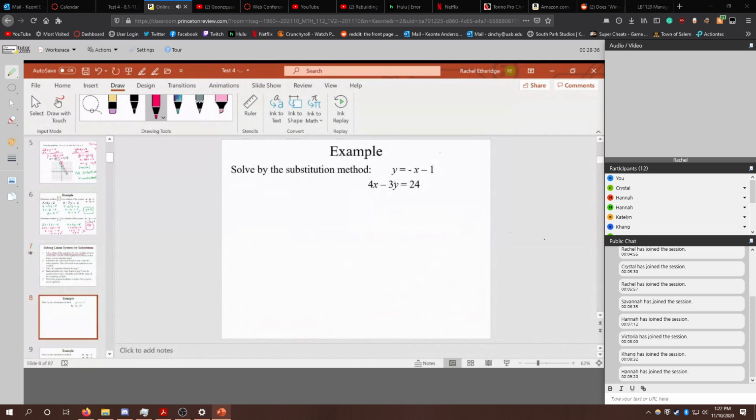Okay, so step one says solve the equation for one of the variables. Well, in this case, this one already has y solved for, so we can skip step one. We already know what y is equal to. So y is equal to this.